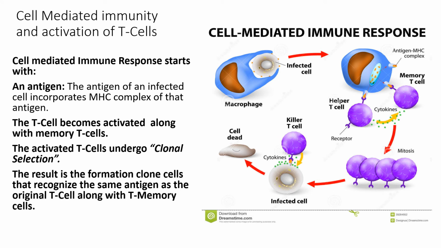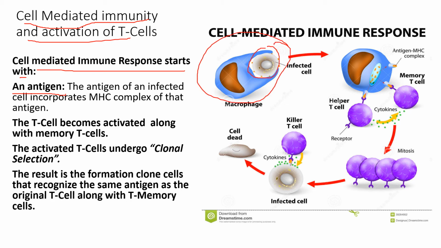Okay, so cell-mediated immunity and activation of T cells. Let's talk about that for a few minutes. The cell-mediated immune response starts with an antigen. It's the antigen of an infected cell, let's say. So here's a cell that's infected. This macrophage engulfs that infected cell, incorporates that protein as an antigen MHC complex.